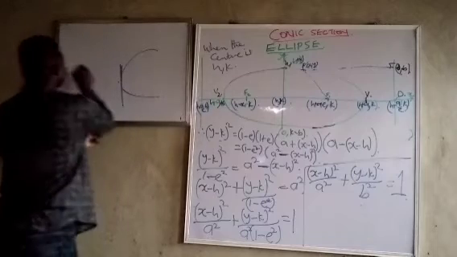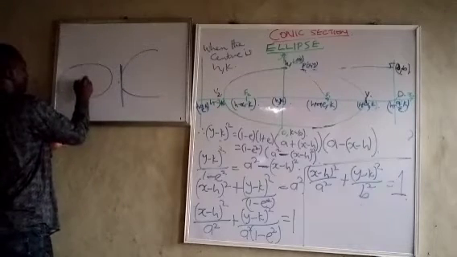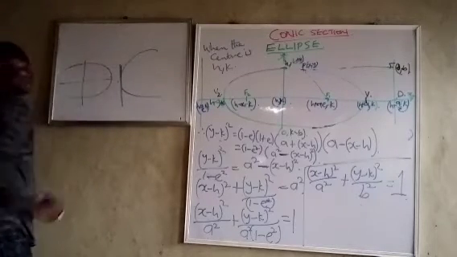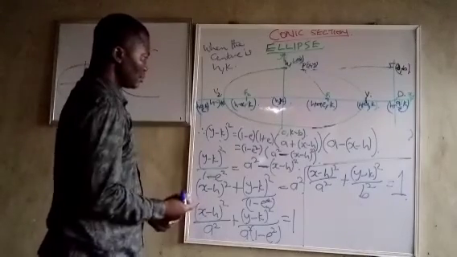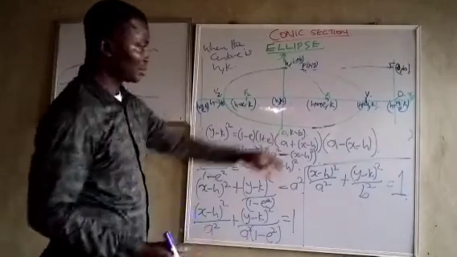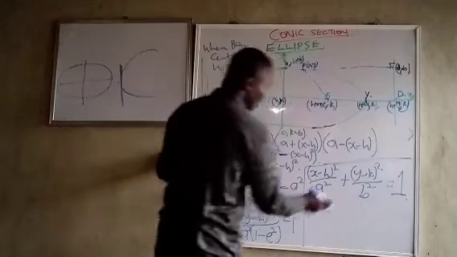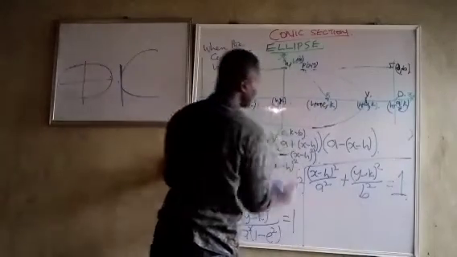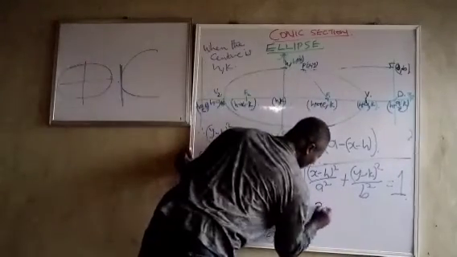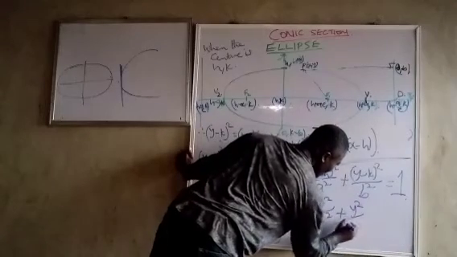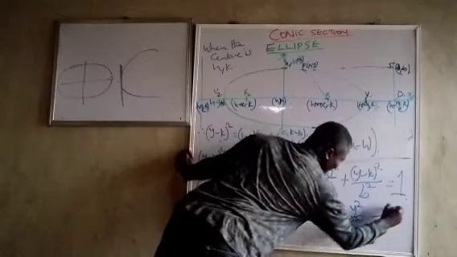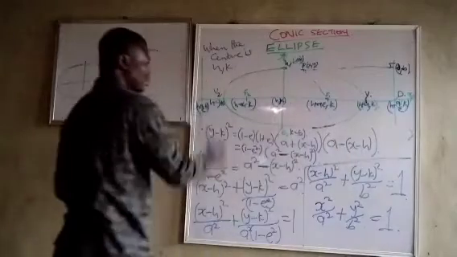For ellipse, it is the center. Just try to go and consider what the center will be like, and then you'll be able to solve your problems. So we have gotten two equations now. We have gotten this one where the center is h, k, and we have gotten this one too, when the center is 0, 0.